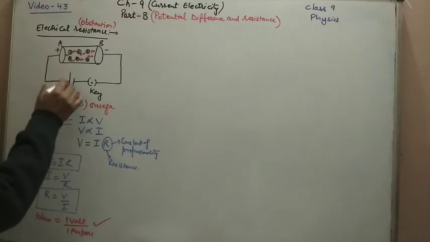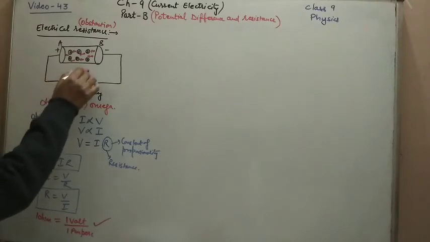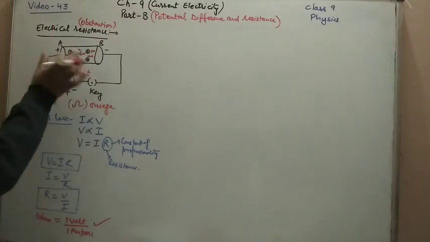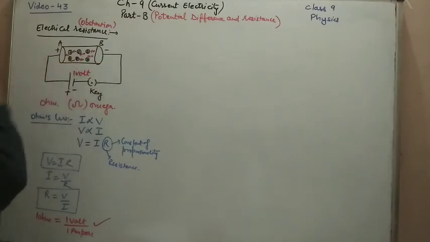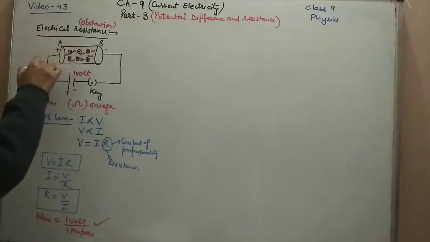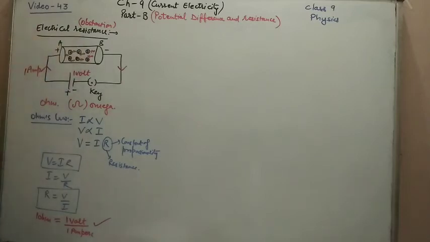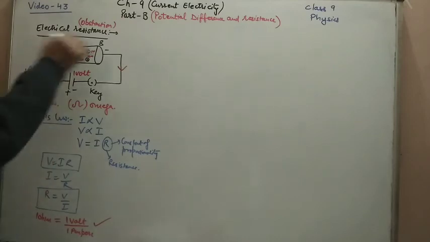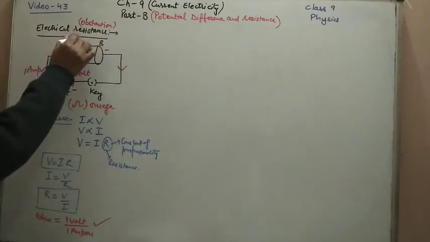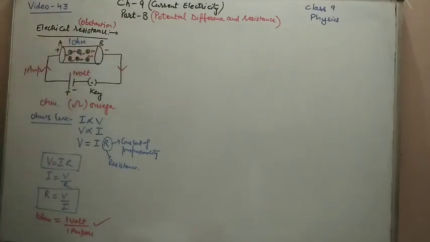It means if I apply 1 volt across the two ends of this wire, and suppose the current that starts flowing through this wire is 1 ampere, it means the resistance offered by this AB conductor to the circuit is 1 ohm.